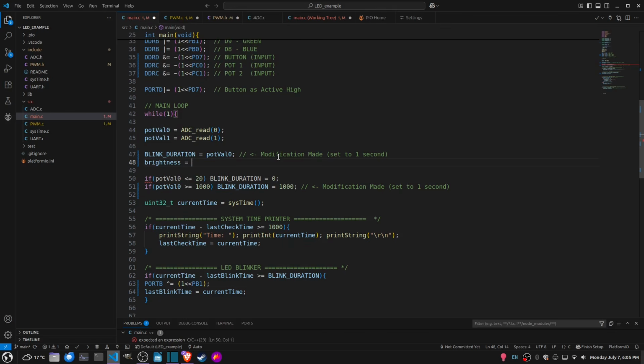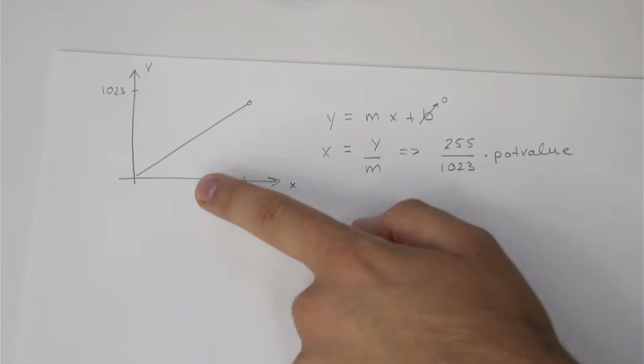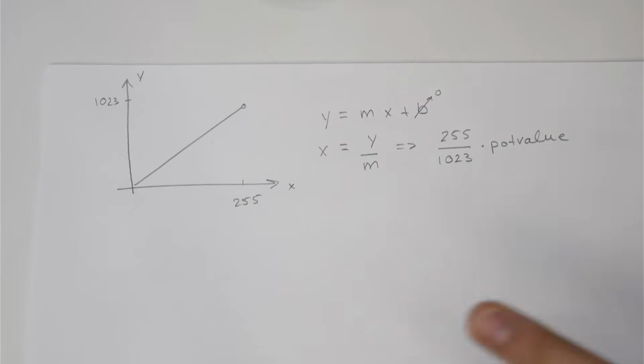So we'll have to actually create our equation for our line. So I'll go back here, and very similarly to last video, on the y-axis, we have our pot value. And on the x, we have the brightness, which spans from 0 to 255. And this is a linear line, which starts from the origin.